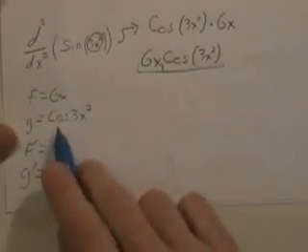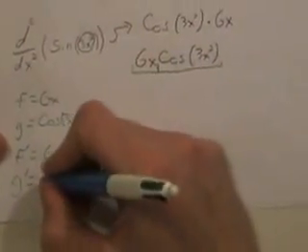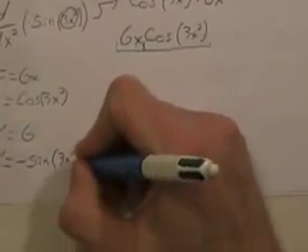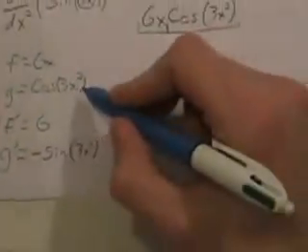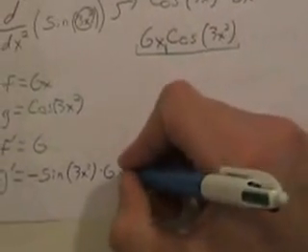The outside function is cosine, whose derivative is minus sine, keep the inside, 3x squared, and multiply that by the derivative of 3x squared, which is another 6x.